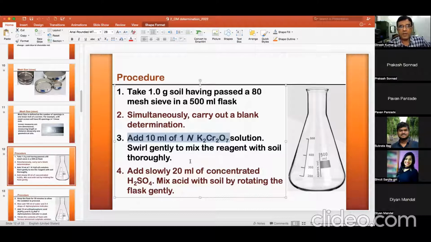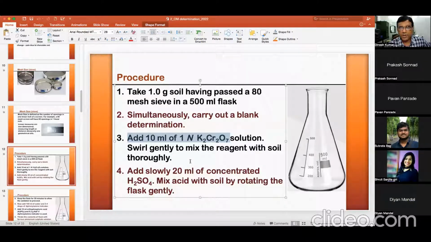After adding 10 ml of 1 normal K2Cr2O7 in the sample as well as in the blank, you need to swirl gently, shaking slowly, to mix the reagent with the soil thoroughly. And immediately after it, say 2-3 minutes later, you can add 20 ml of concentrated sulfuric acid.